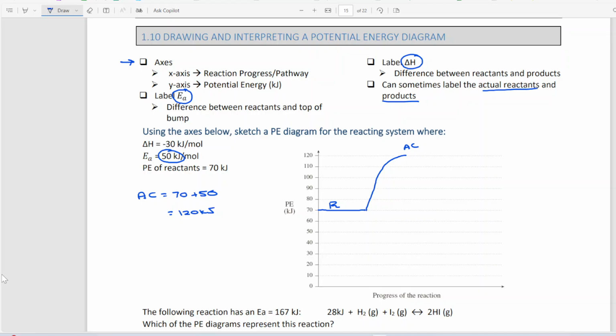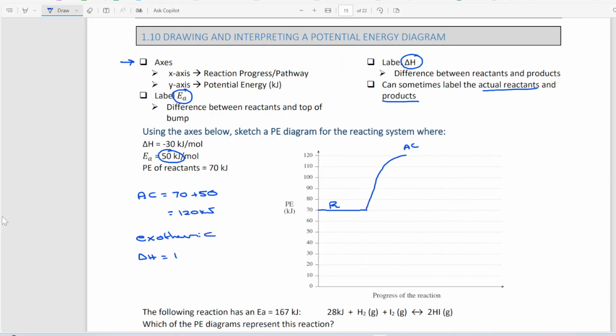Then I know that there is a negative delta H. If there's a negative delta H, that means that this is an exothermic reaction. And I know that I need to lose 30 kilojoules of heat. So if I'm starting at 70 and I need to lose 30 kilojoules of heat, you could even do the equation.